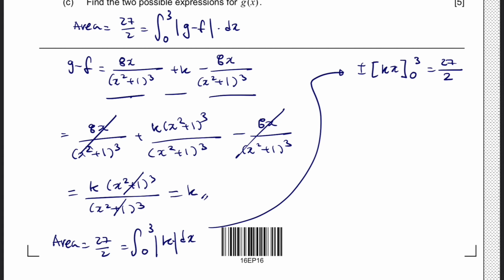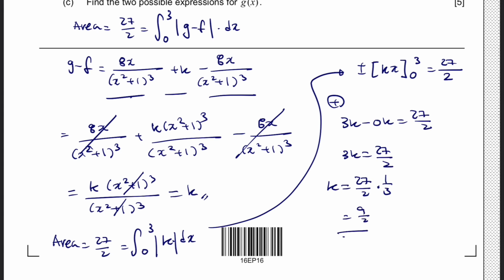Then we can say when we have a positive value, 3k minus 0k is the same as 27 over 2. Then 3k is equal to 27 over 2, and the k value is 27 over 2 times 1 over 3, which will give us the value of 9 over 2 when we have a positive value.